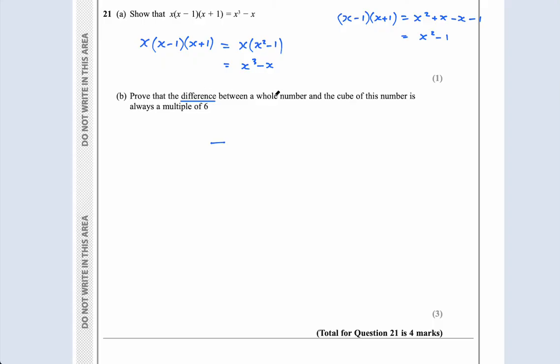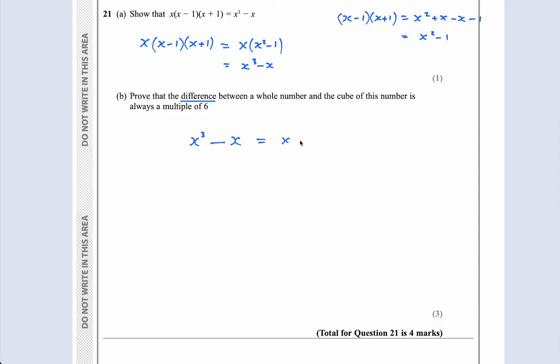So the difference between a whole number and the cube of this number is the cube of the number minus x. The cube of the number minus x is equal to this, we know.